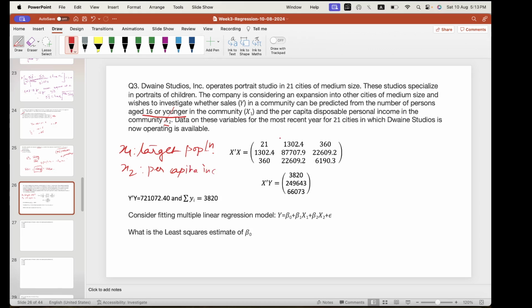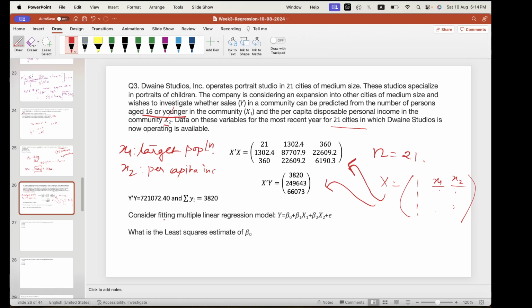And this is the data on 21 cities. So n would be 21. Okay, so we had a model matrix 1, x1 target population data and x2 those data, and from that we have constructed this x prime x matrix, and this is the x prime y vector.